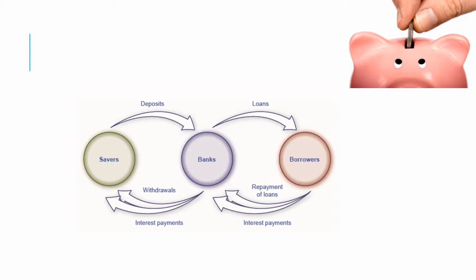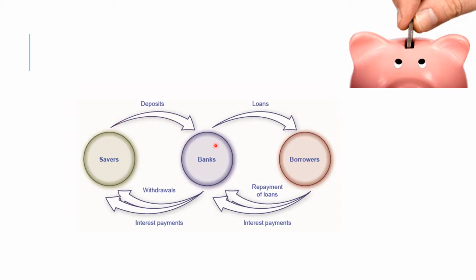So let's start to think about what an interest rate is. If you have savings, then interest rates probably affect you. Interest rates are most commonly associated with banks. And the role of a bank is to connect savers, people who want their money to grow, with borrowers, people who want to borrow money to set up a business or spend. So savers will take the money that they've earned and deposit it, give it to a bank.